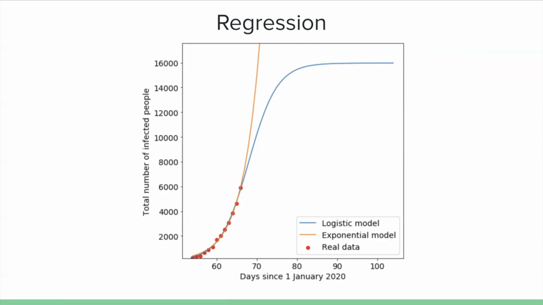In this example, you could see that you have two models which are both suitable for now: a logistic and an exponential model. And I really hope that everything will go according to the logistic model, not the exponential one.